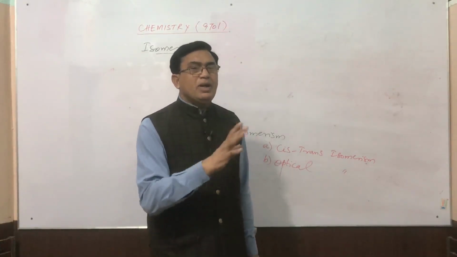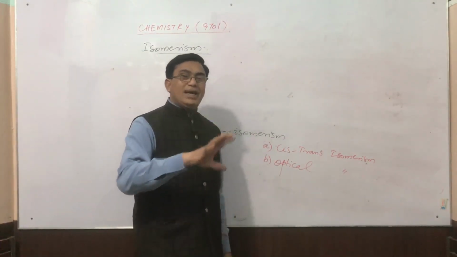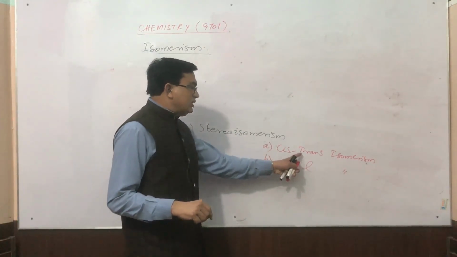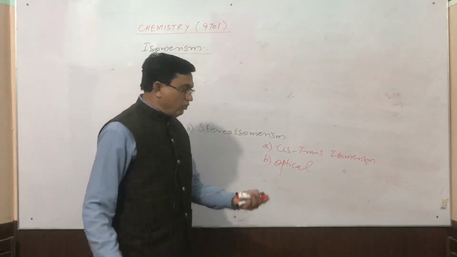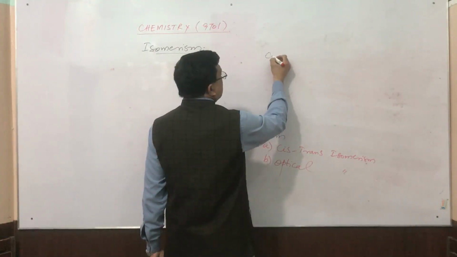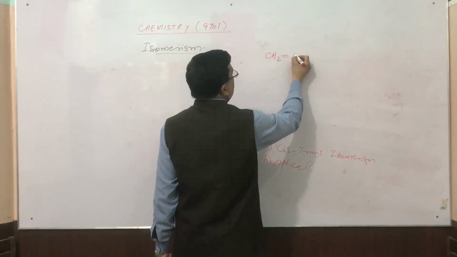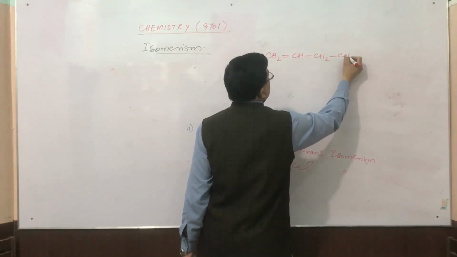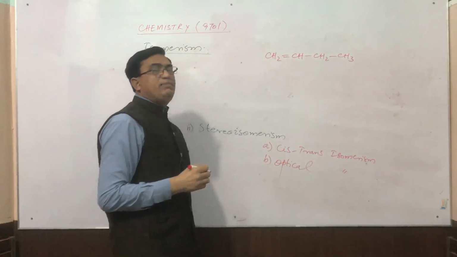If the same type of group is attached to the carbon containing the double bond, then the question of cis-trans isomerism will stop. For example, if I explain this: CH2 double bond CH, and then CH2 and CH3, this is 1-butene.